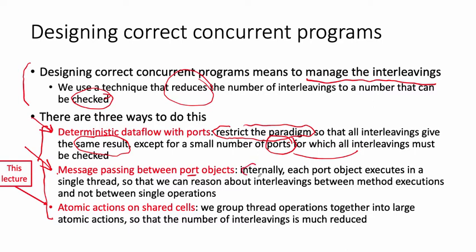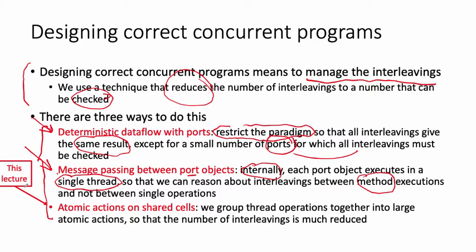Internal to each port object, it executes in a single thread, and the methods are executed sequentially in that thread. They don't interleave. So we only have to reason about interleavings between methods and not between primitive operations. So this also reduces the interleavings.